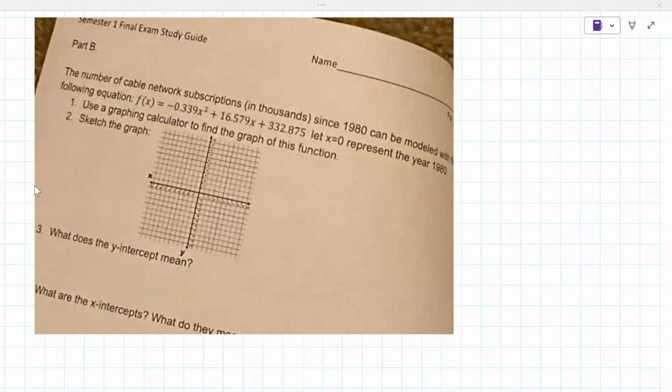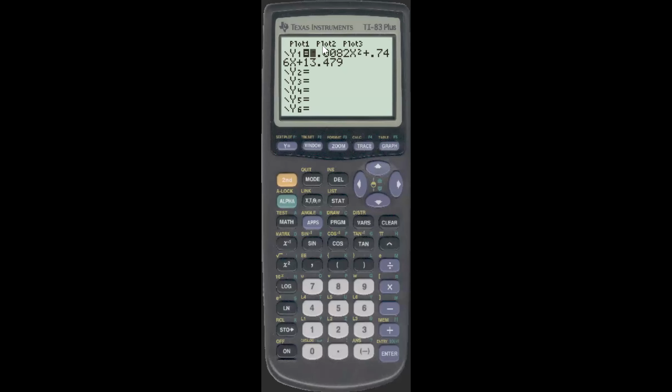Some things that could help here: make sure you clear out the old one, hitting the clear button in the y equals. And then just make sure you enter it correctly. It really is the source of a lot of errors. 9 x squared plus 16.5.